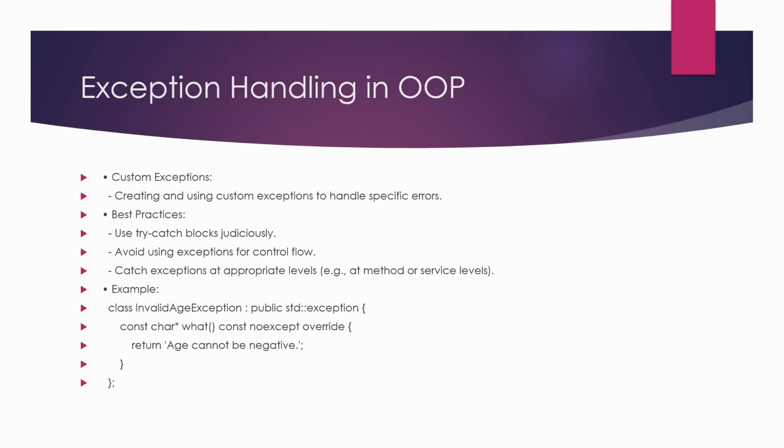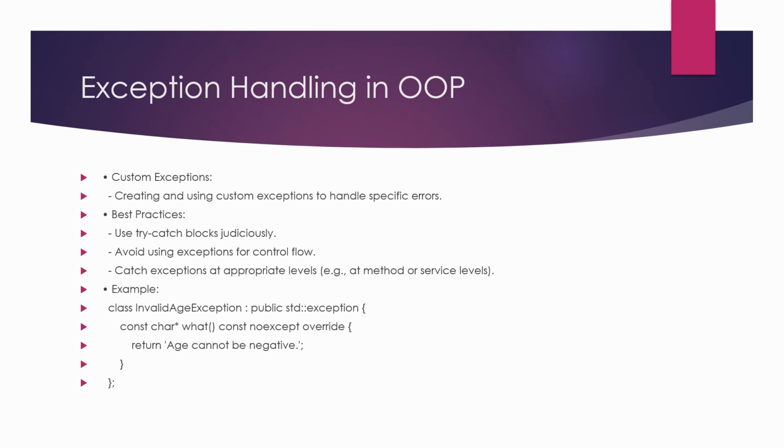One of the key concepts in building resilient software is exception handling. In OOP, we use exceptions to manage errors in a structured way. Custom exceptions allow you to handle specific errors more gracefully. It's crucial to follow best practices when working with exceptions.